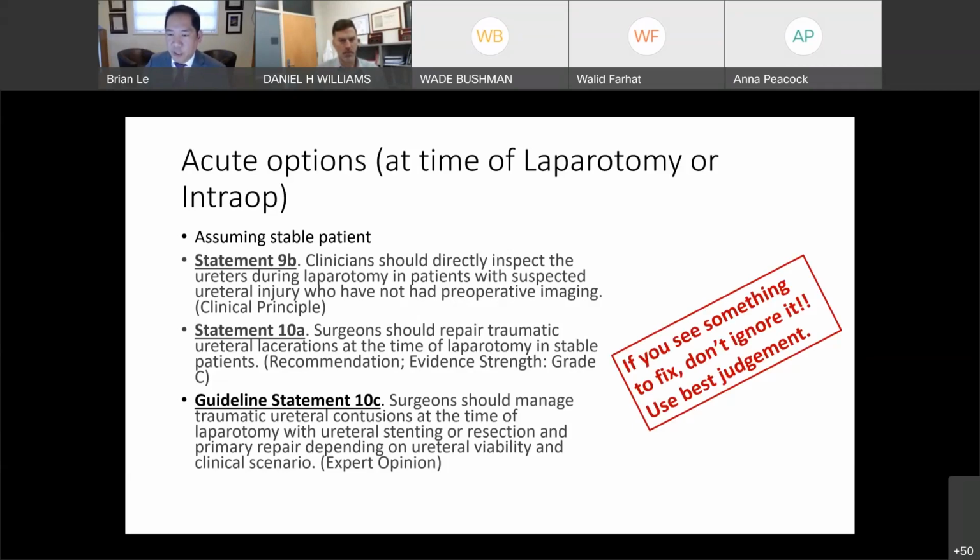If you're looking at an injury and staring at it, you generally have the option not to ignore it, and you want to use your best judgment. So you want to assess the ureter, the mechanism, and the extent, and decide based on that. This basically says all of those options are reasonable to consider in that situation.